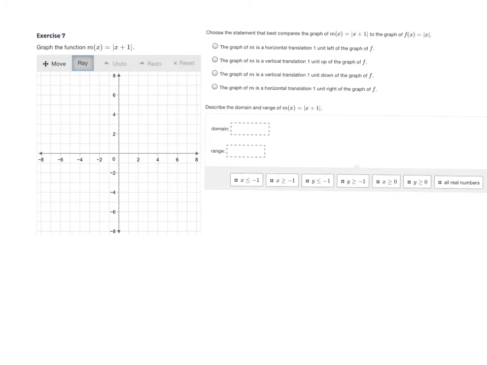Once again, to start out, I am going to draw a good example of the absolute value of x first. And now we're going to do this rule up here, which is absolute value of x plus 1. And so input, output, what could we put inside that absolute value to make it equal 0? Well, we could put in negative 1.